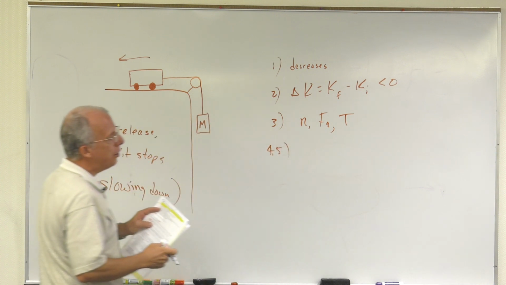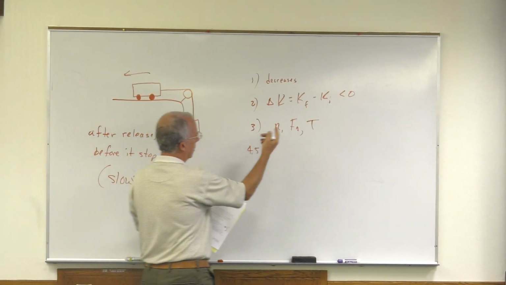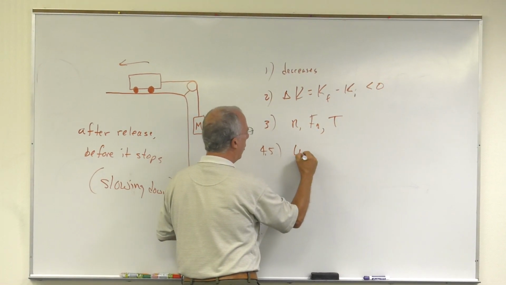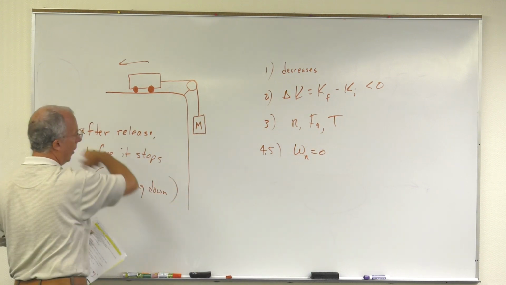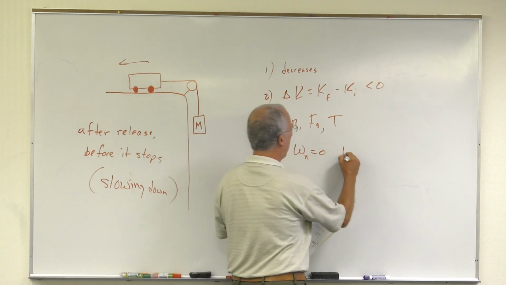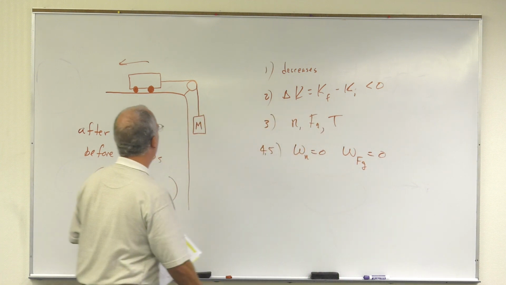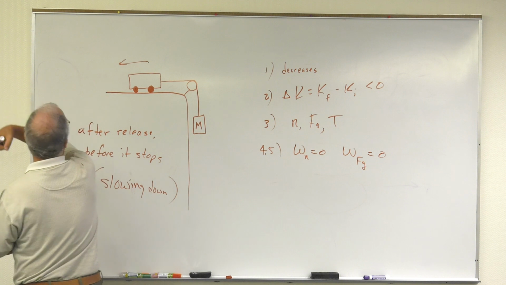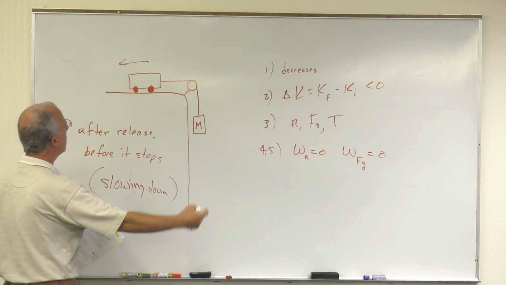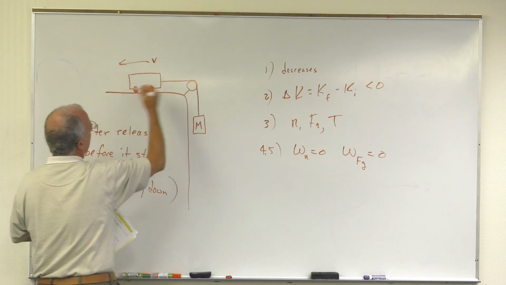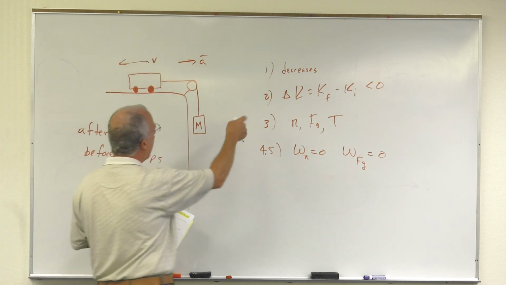For each of the forces, is the work positive, negative, or zero? Well, same as before, somewhat. The work done by the normal is zero because the normal is perpendicular to the direction of motion. The work done by the force of gravity is also zero for the same reason. Now, the thing is going this way. The tension is pulling that way. So the velocity is this way, but the acceleration is that way, because it's slowing down.